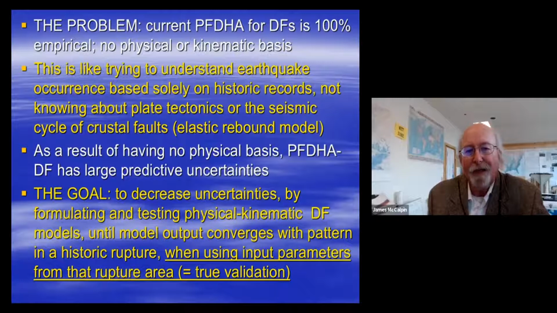But trying to make predictions based on bodies of pure empirical evidence often ends up having a lot of uncertainty. It's like trying to understand earthquake occurrence based solely on a historic record of earthquakes without knowing about plate tectonics or the seismic cycle of crustal faults. You have no physical basis to back up the empirical approach.